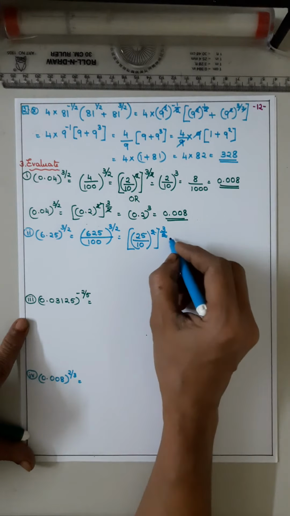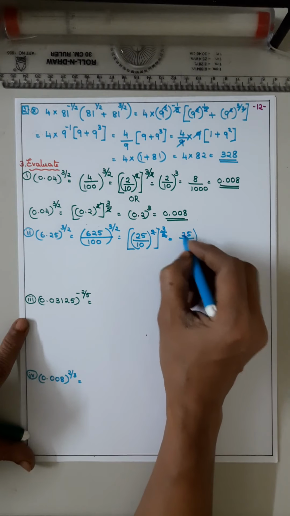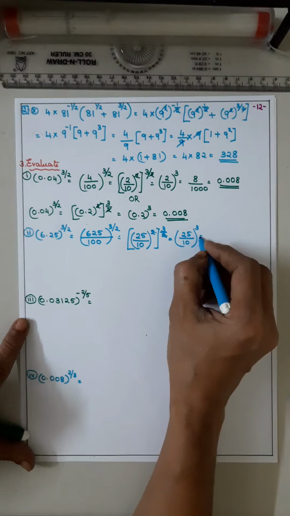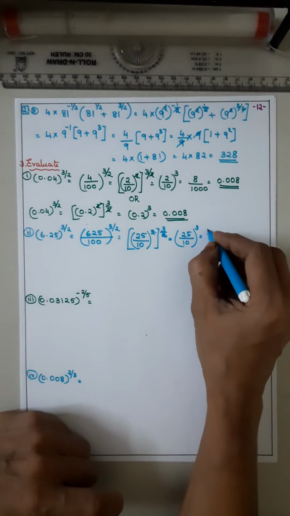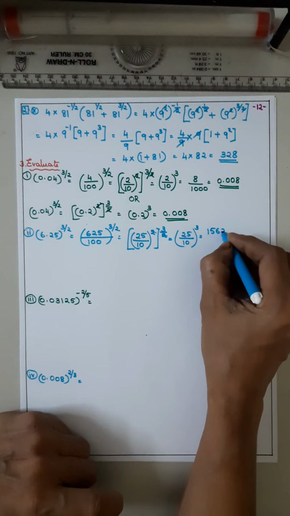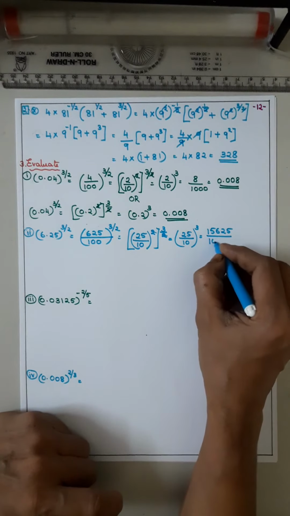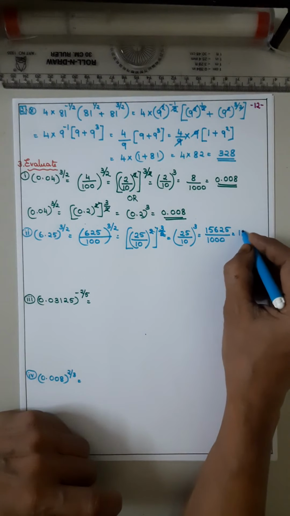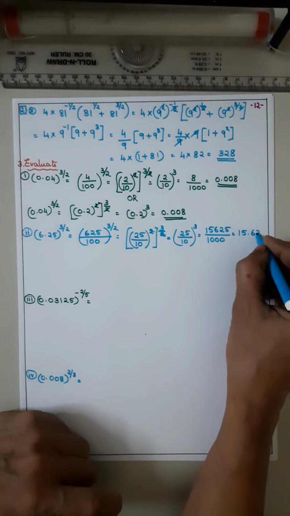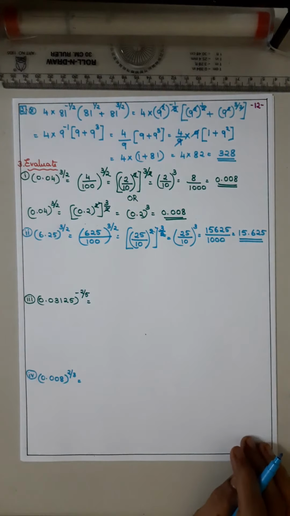This gets cancelled, that means 25/10 the whole cube. अभी 25 का क्यूब कितना आएगा? It is 15625, and 10 का क्यूब है 1 and 3 zeros, that means it is 15.625.